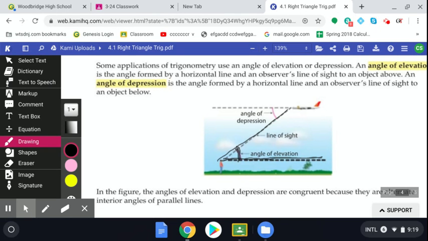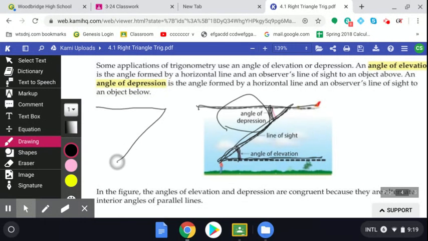The angle of depression is always the horizontal line and the object looking down. So this would be the angle of depression. People make a lot of mistakes with the angle of depression because they think that it should be this one, but this is not the angle of depression, okay?